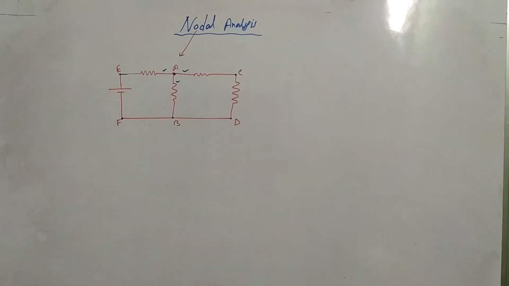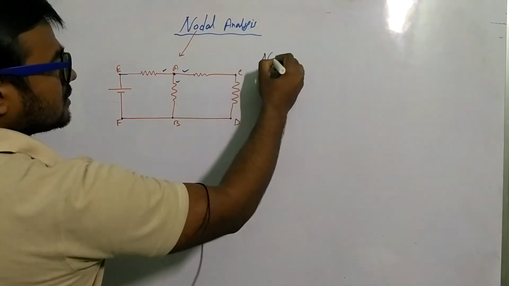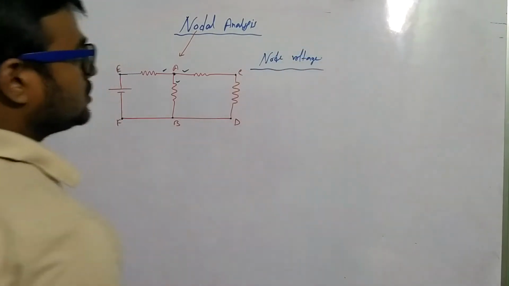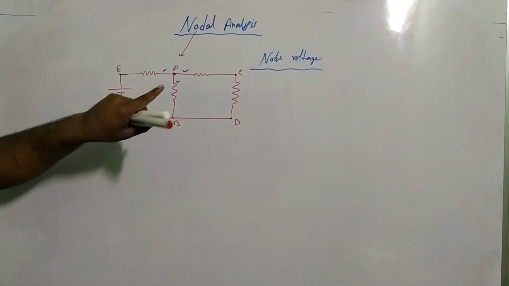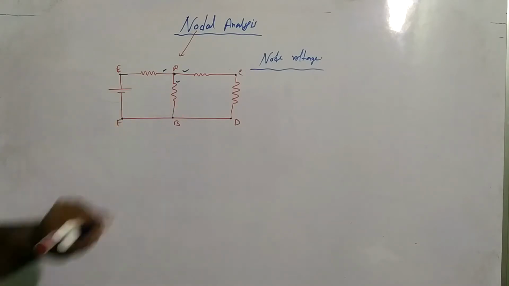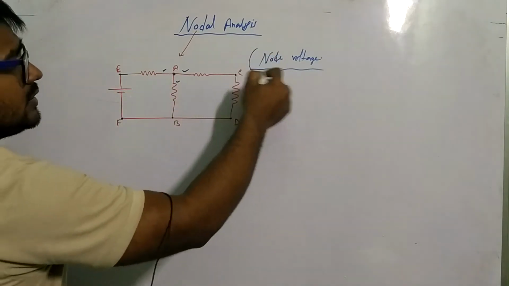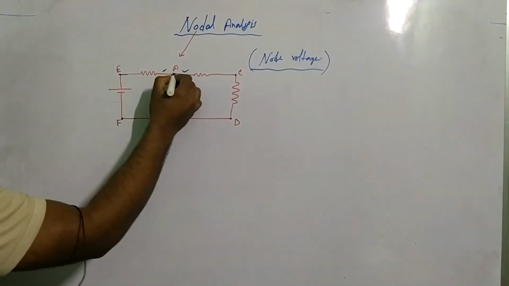Now I will discuss what node voltage is. The node voltage is the voltage between the node point and ground. Here A is a node.